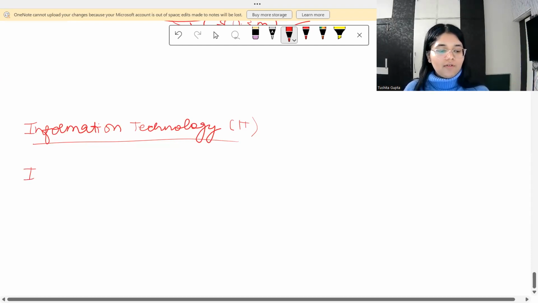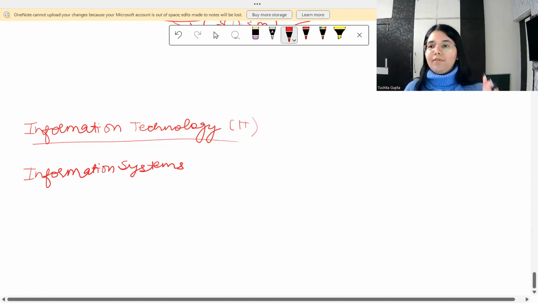Then we talk about information systems. So the next term that we have is information systems. So basically information systems are those which will help you with the provision and management of information to help you support the running of the organization. So these systems will be present in the organization.